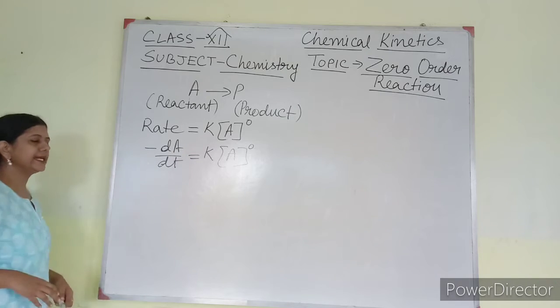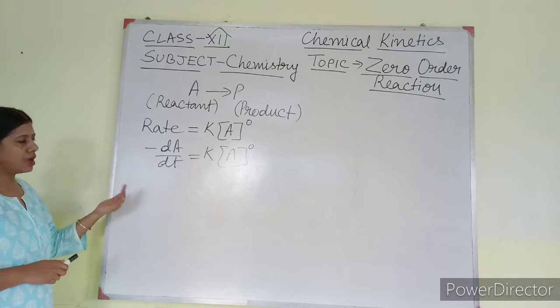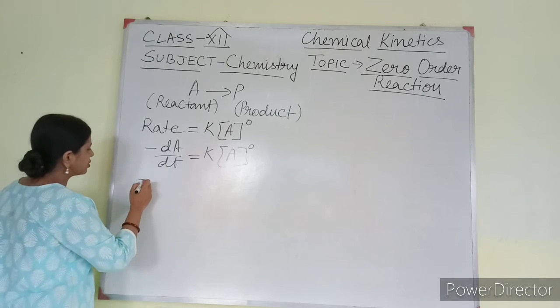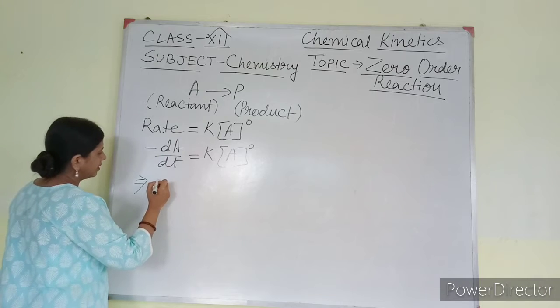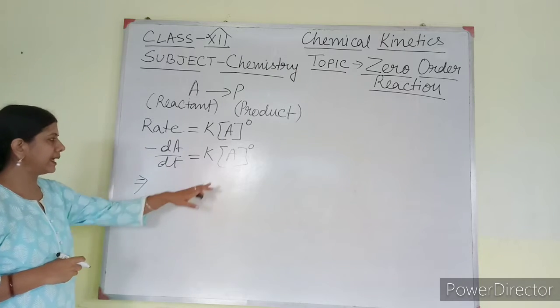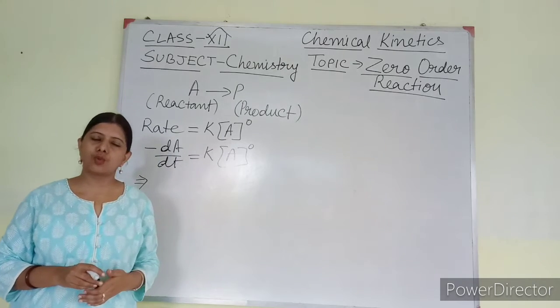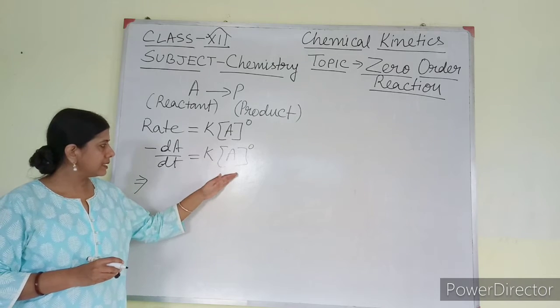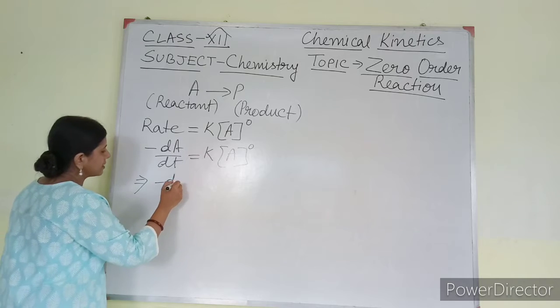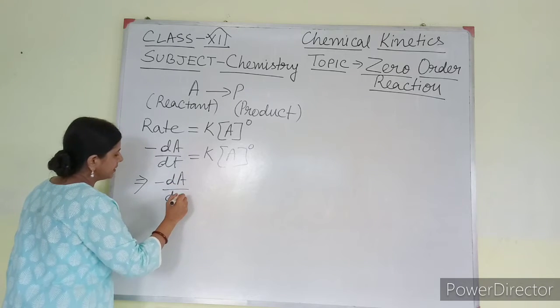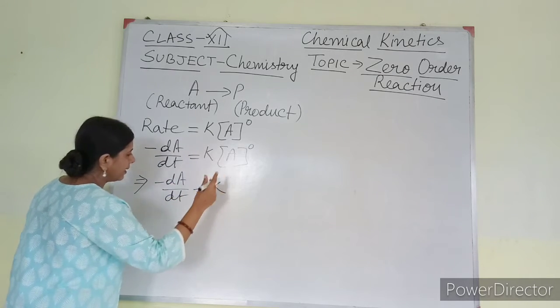Before writing the integrated equation, anything to the power 0 is 1, so this can be written as minus d[A] by dt equal to k.